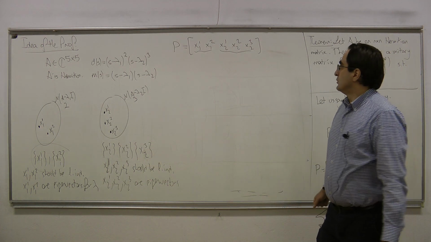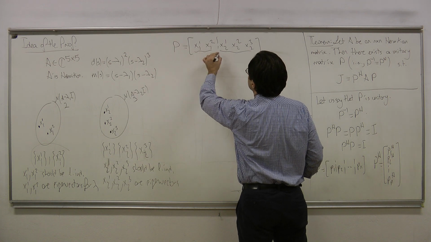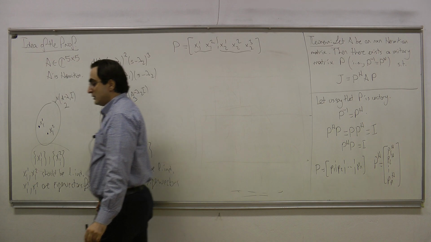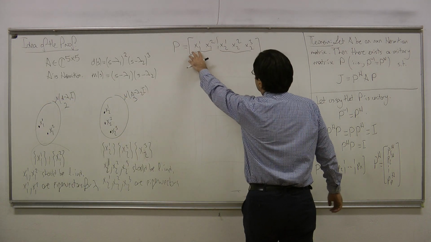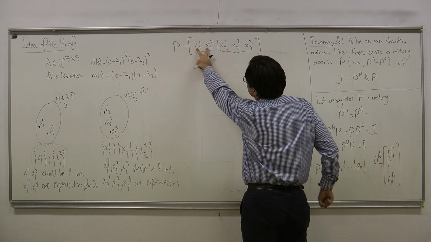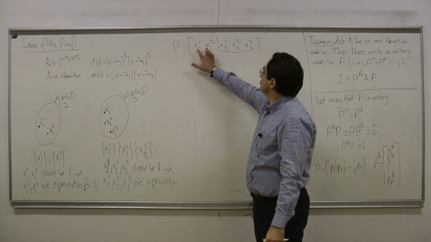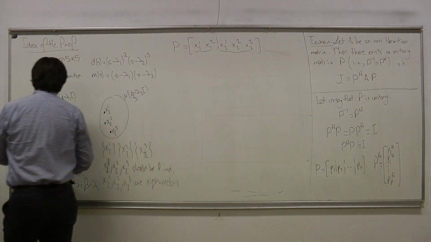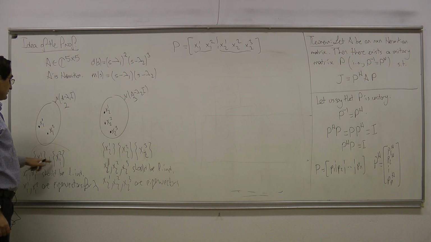So I know that these three columns are orthogonal to these two columns, and these two columns are orthogonal to these three columns. But what about the orthogonality of the other ones? These two vectors, do I know that they are orthogonal to each other? They really do not have to be. The only condition when I am finding these two vectors is that they should be linearly independent.